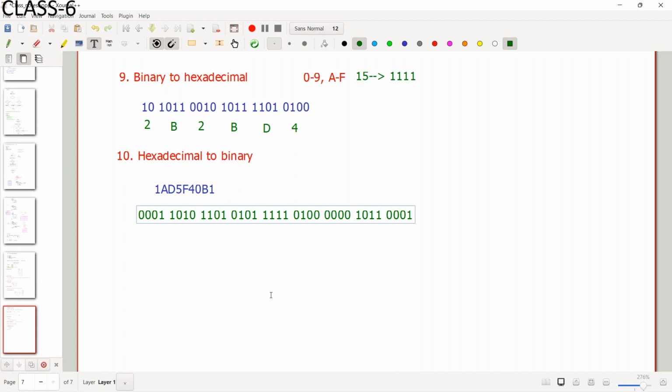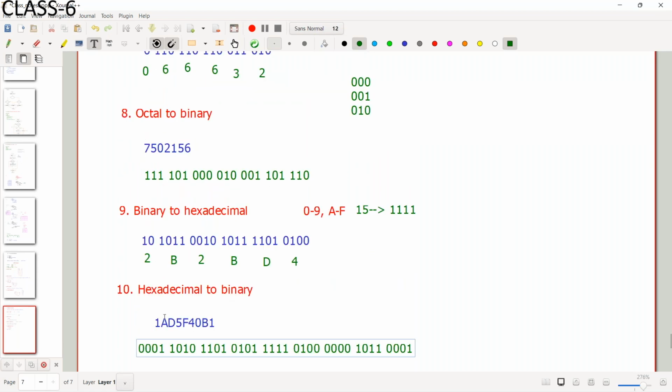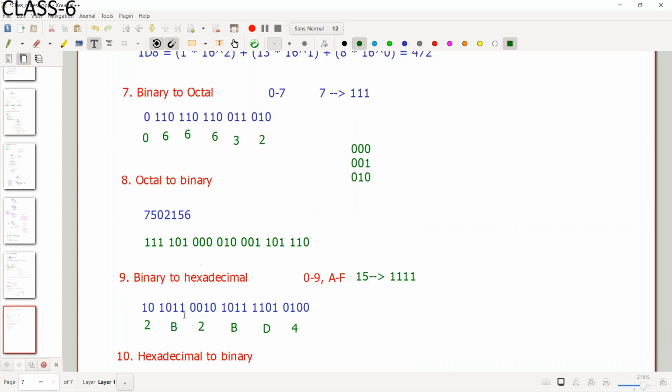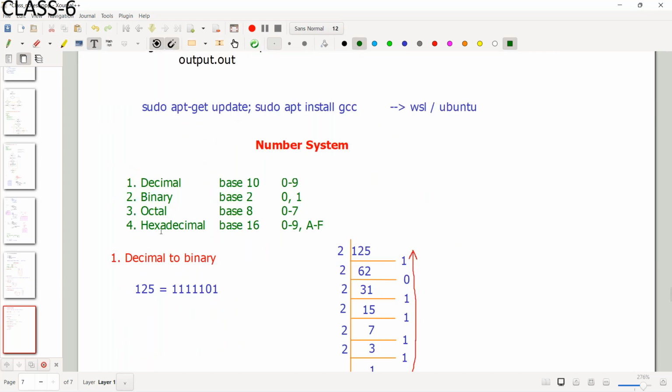How can we do the hexadecimal to binary, binary to hexadecimal? If you have the binary representation, then it's easy to convert to octal or hexadecimal. Okay, now one more type of conversion is there, that is from octal to hexadecimal and hexadecimal to octal.